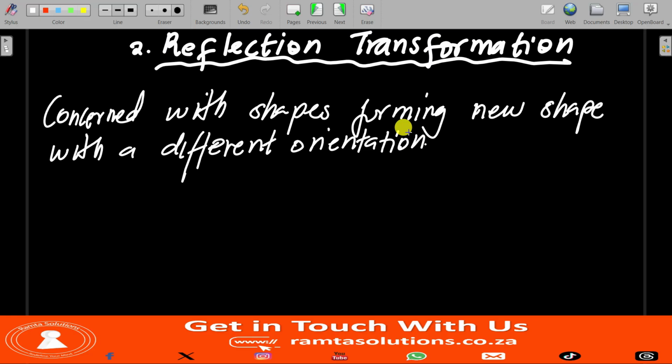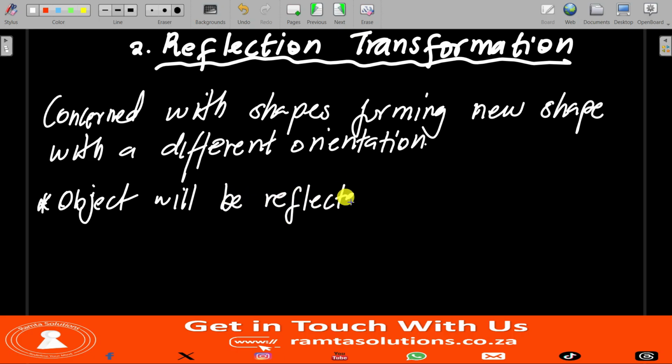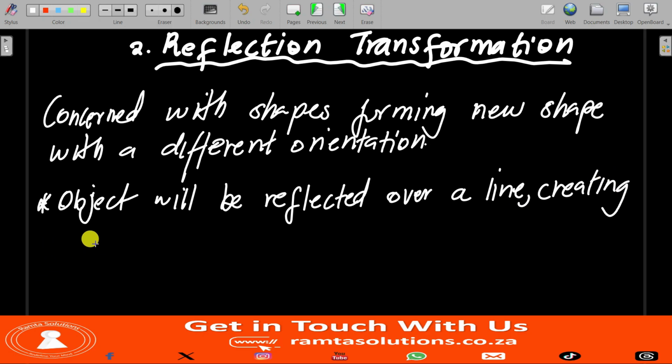Basically, we are saying the same thing, but what makes reflection transformation different to rotation transformation is that an object will be reflected over a line, creating an image or mirror.